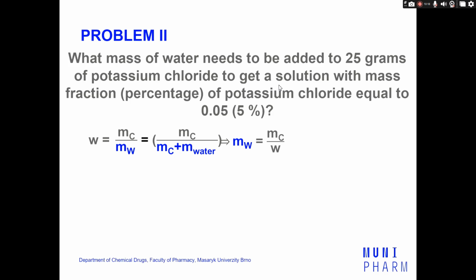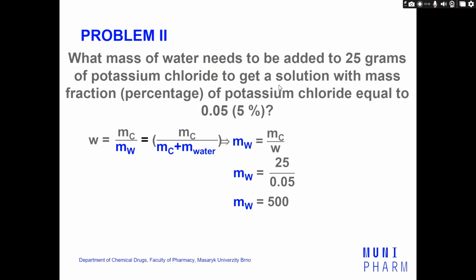I have decided for the first possibility, that is, I will first calculate the mass of the whole solution. Expressed from the formula, we can see that the mass of the solution is calculated as the mass of potassium chloride divided by the mass fraction of potassium chloride. After the numerical substitution, when we have 25 divided by 0.05, we will get the answer that the mass of the solution in this case is 50 grams.